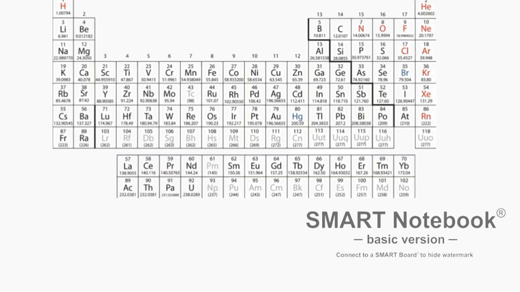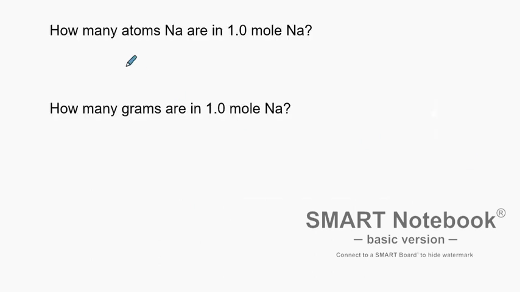Let's practice one question here. How many atoms of sodium are in 1 mole of sodium? Well, I know that answer. It's 6.02 times 10 to the 23rd, and I'm just going to write E23. How many grams are in 1 mole of sodium? Well, I must go to the bakery. This one I don't need the bakery, kind of like I always know a dozen is 12. I know that 1 mole is always this number.